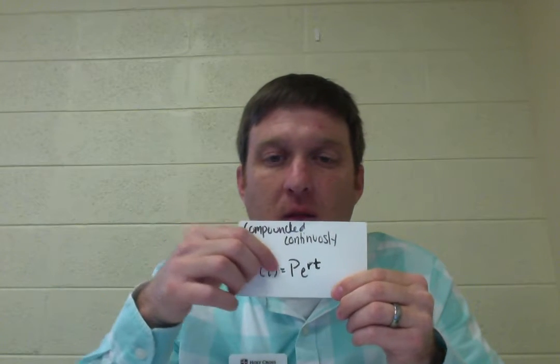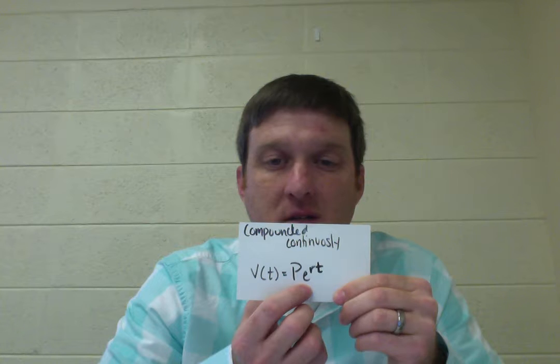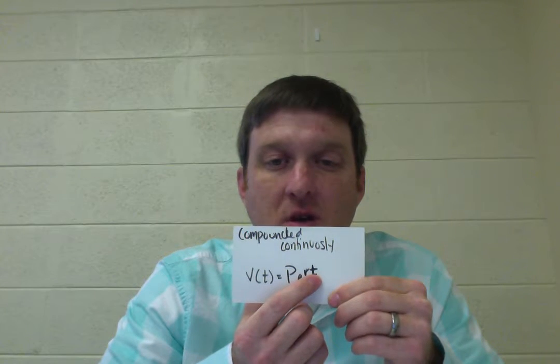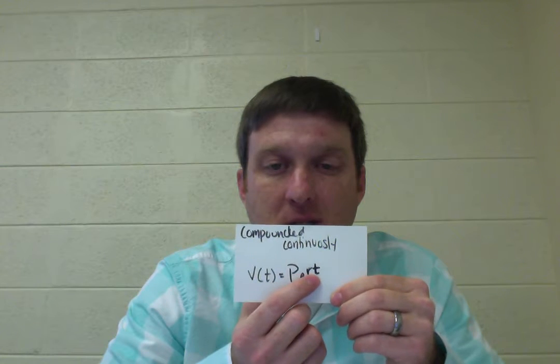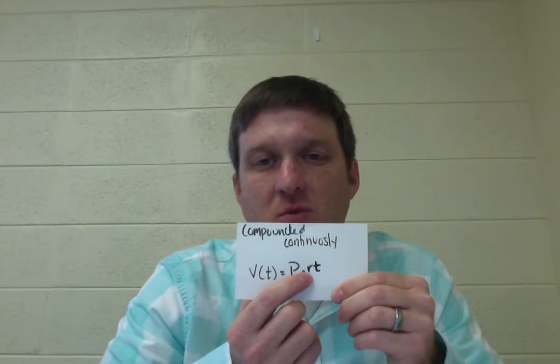So you have the principal, the amount you put in. e is an irrational constant, so that will never change. And e is raised to the rt, rate times time in years. Rate expressed as a decimal.